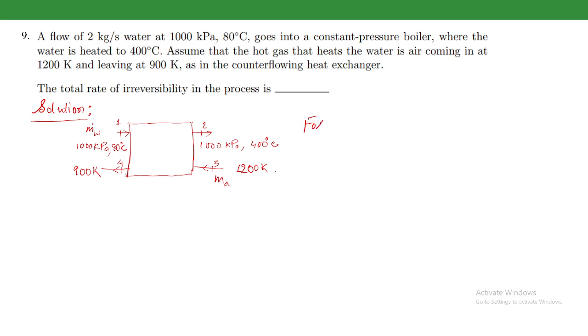For water, at 1000 kPa and 80 degrees Celsius, it will be in a compressed liquid state. So the water is essentially entering as a compressed liquid.